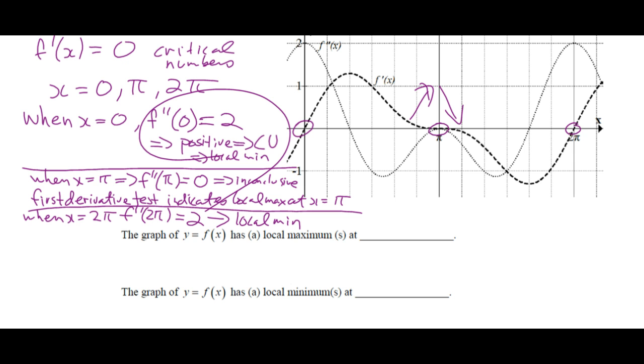So the graph has a local maximum at x equals pi. We can't say what the maximum is, it could be anything. And the graph has local minimums at x equals 0 and 2 pi.